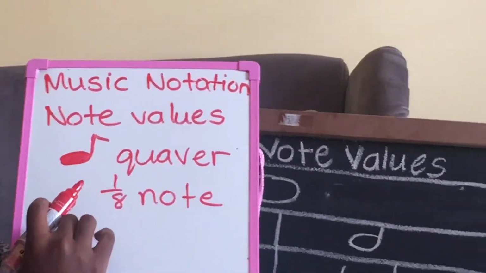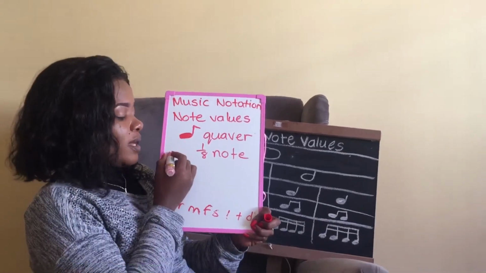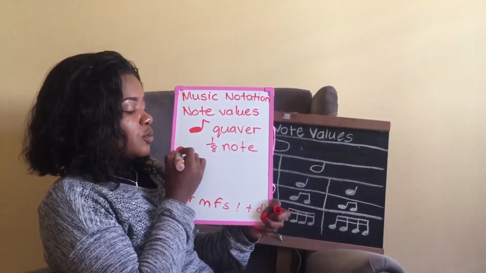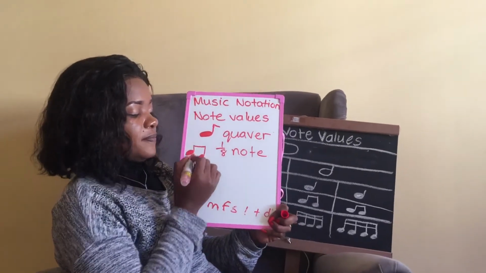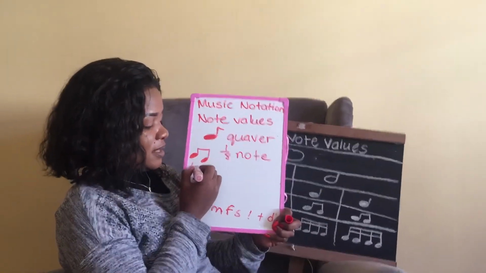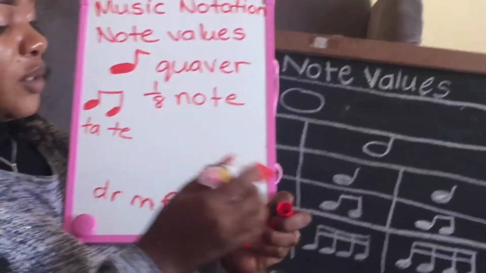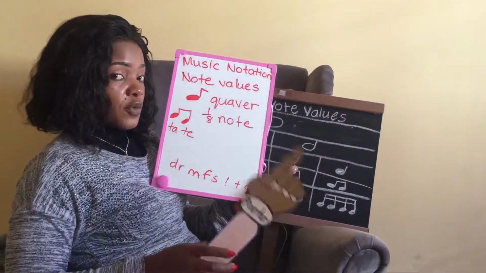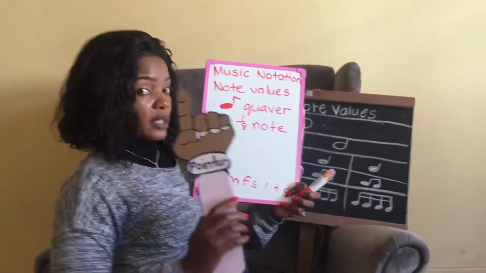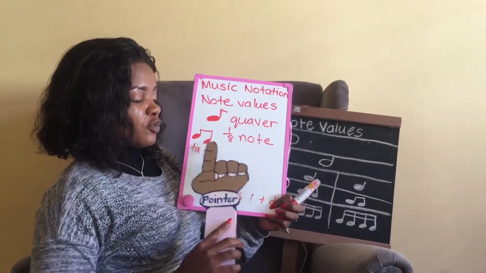Normally they move in twos, and when they move in twos, we say ta, te, but we have to clap it faster. The two of them give us the value of 1 crotchet, 1 beat. This is why they move in twos.